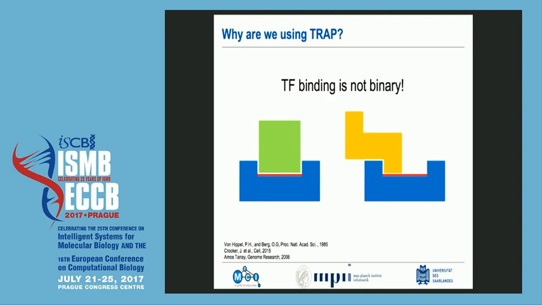In particular, there have been works showing that this idea that a certain site is or is not bound by a factor is also not really realistic, because probably the protein is going along the DNA and then with some affinity staying longer or not so long at certain genomic regions, and then depending on other factors, it may be staying even locked in there or staying there for longer. So this binary idea is, I guess, a simplification that we just like to do, but it's not super realistic. And so that's why we're using this TRAP method.